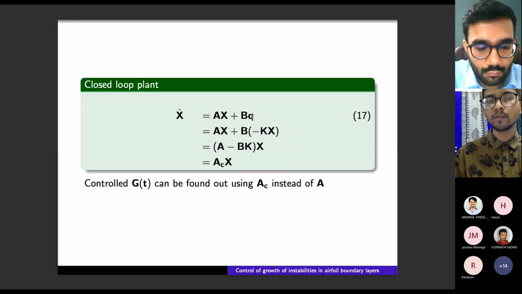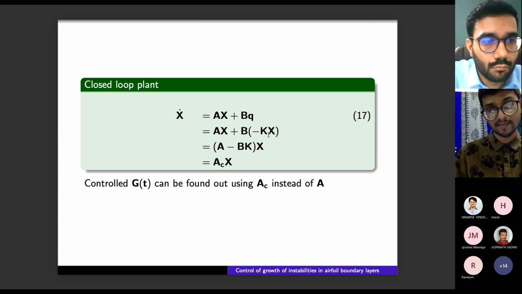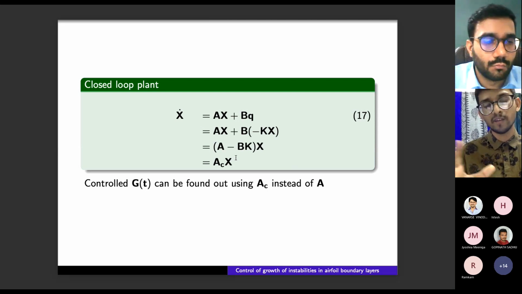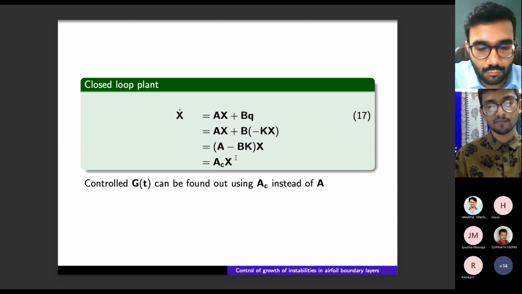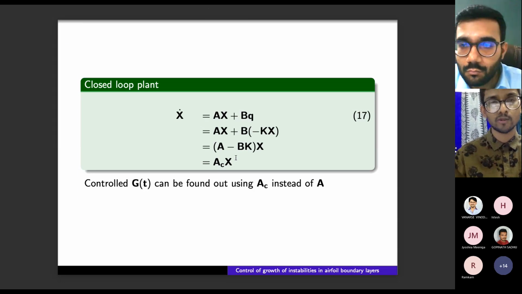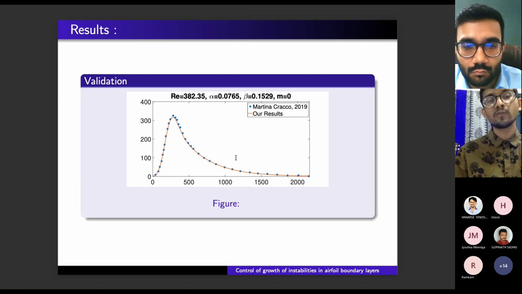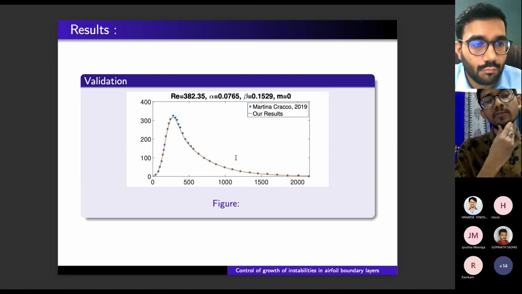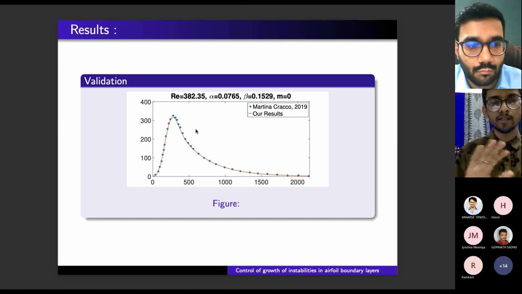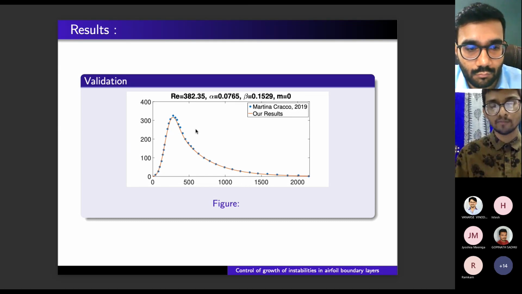So we obtain q in the form of the state vector x, and finally we arrive at another initial value problem, which is optimized because of the LQR controller. We validated our results using a previous study where we mapped the parameters to Reynolds number and wave numbers according to their study, and they show good agreement.